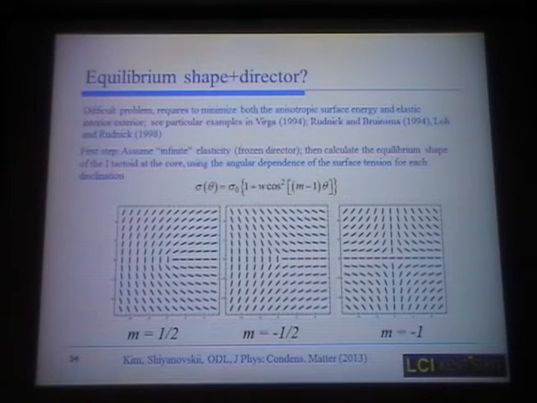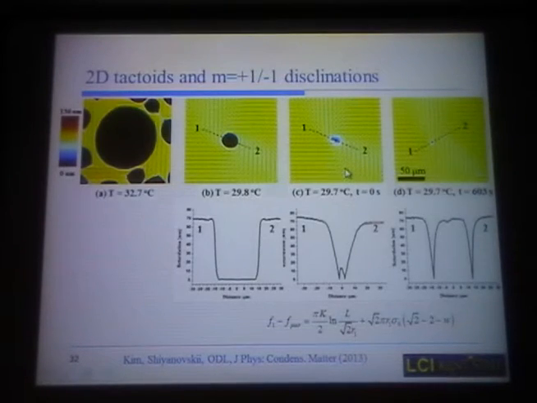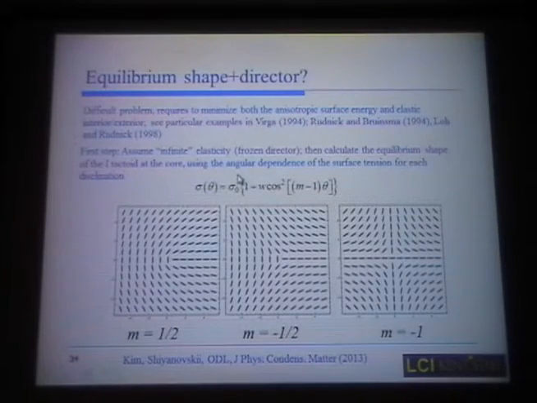Suppose you have this tactoid, and inside of the tactoid you have a defect, or you have another thing, like the formation of the isotropic phase at the core of the topological defect. In that case, your tactoid doesn't look at all like the spindle. It looks like this triangular thing with curvy edges, or you might find some other interesting things.